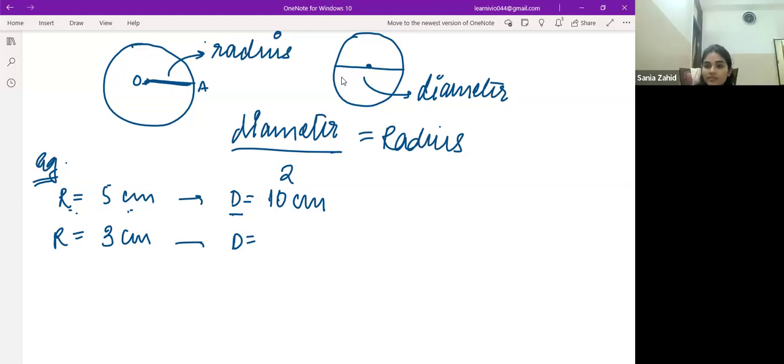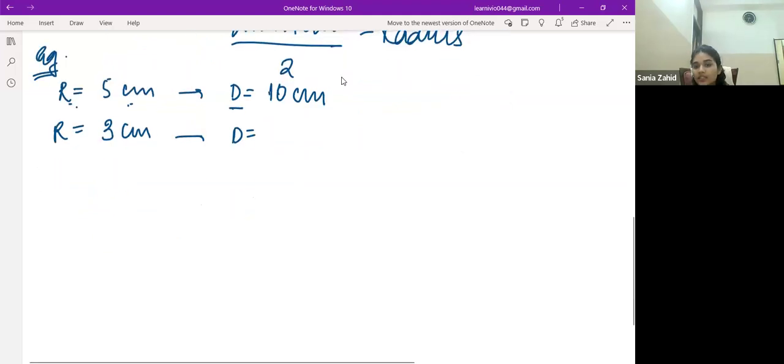Harmeen, can you explain to us? If radius is 3 centimeter? Radius is smaller than diameter, and to get diameter, we have to multiply radius by 2, 2 into 3. Yes, you multiply radius with 2.